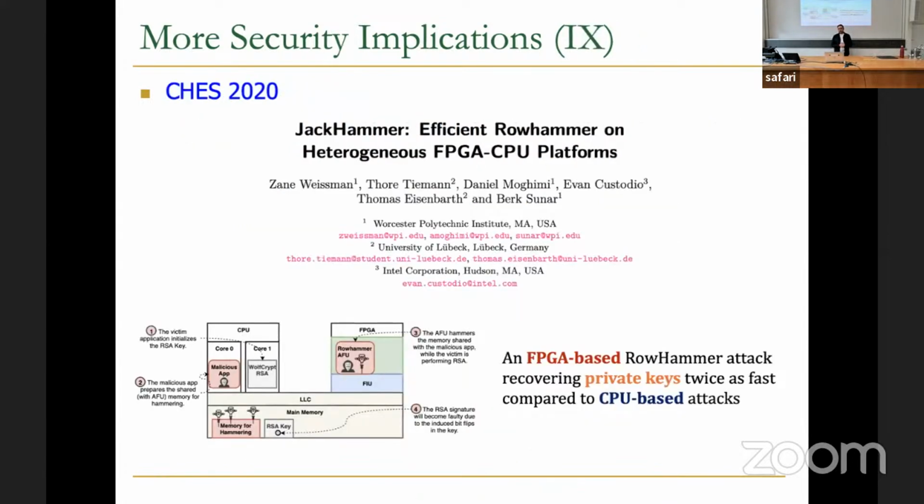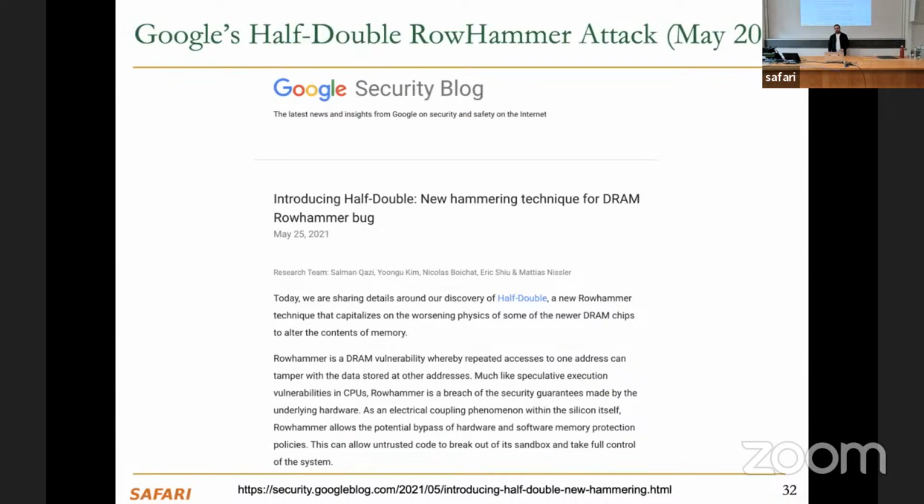There are works that use, again, different components, like this particular attack is using FPGAs. So in many systems, they are connected to some FPGAs for accelerator purposes, right? So you can actually use those components to accelerate your attack. You can induce bit flips in a much faster way. In 2021, Google again came up with another attack called Half-Double.